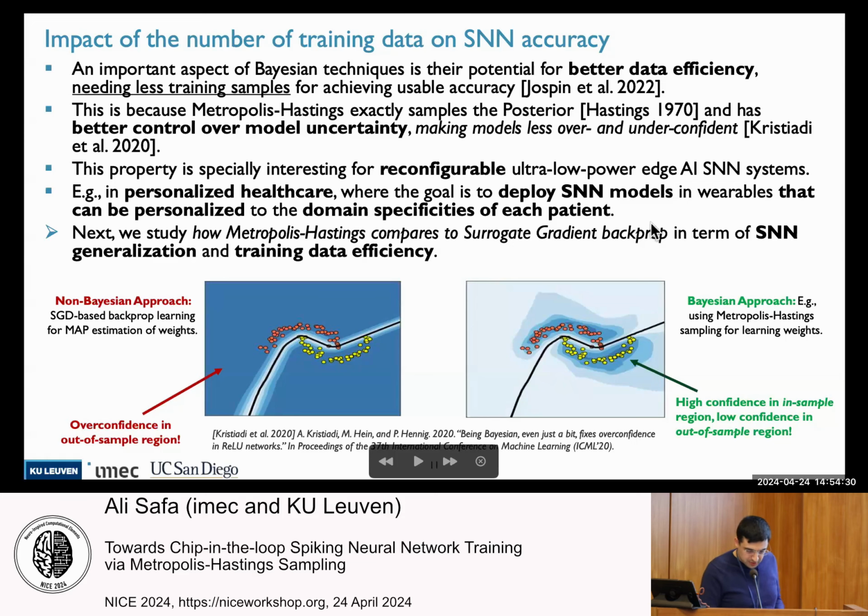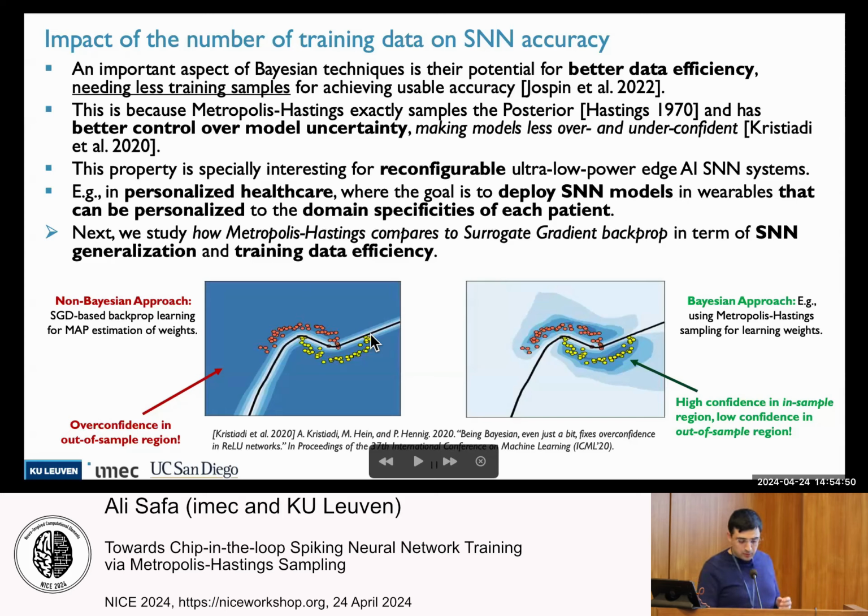This is shown in this example. You have a binary classification problem, and the system on the left side, trained using backprop, learns a hyperplane that separates the two classes well, but the output of the neural network is always overconfident, even outside the domain where it saw training data.